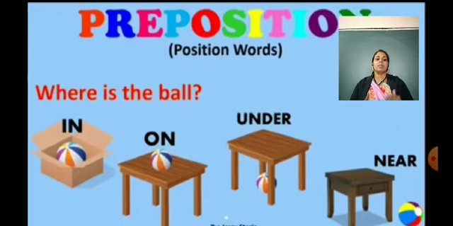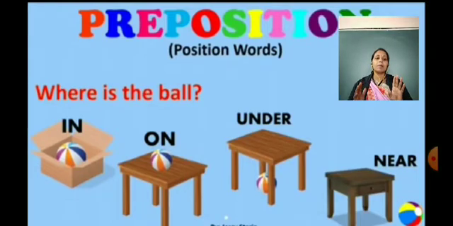And in the last picture, you can see that the ball is near the table. So, dear children, today we will learn the concept of these 4 prepositions: in, on, under and near.